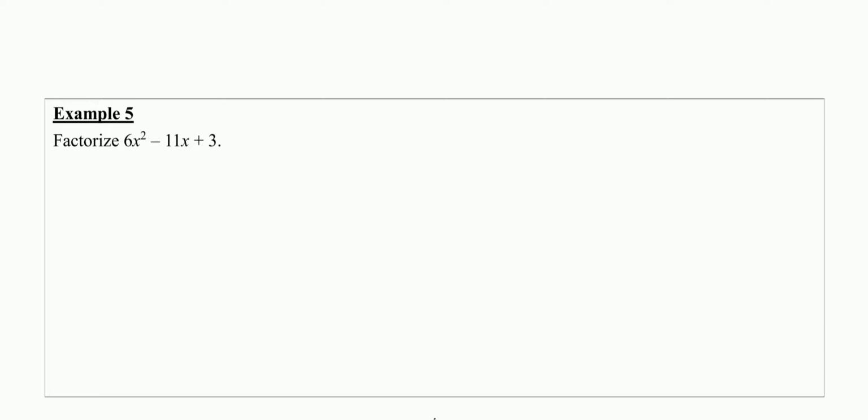So actually, for the cross method, you can simply say that the combinations will become more and more if the problems are more challenging. So you can see for the 6, you have at least 2 choices, that is 2x multiplied by 3x or x multiplied by 6x.